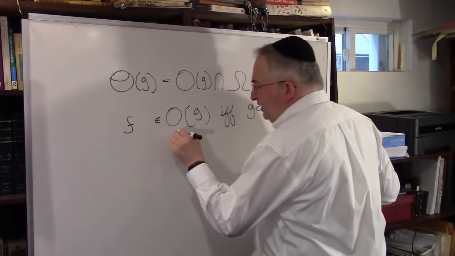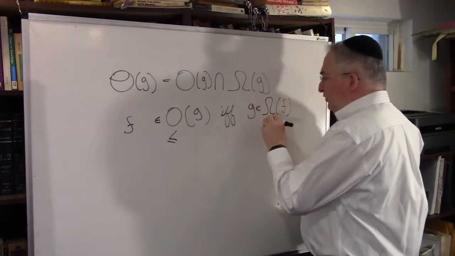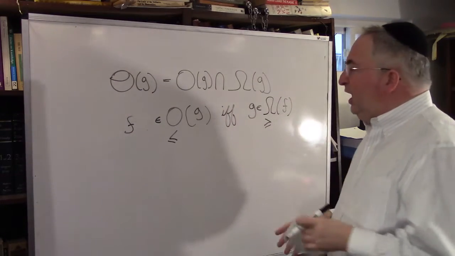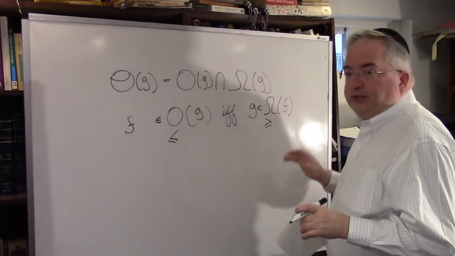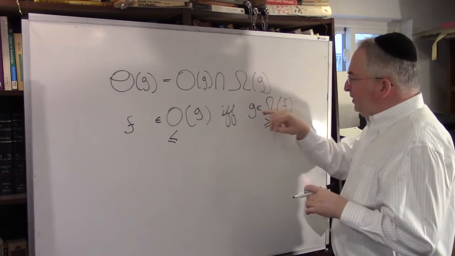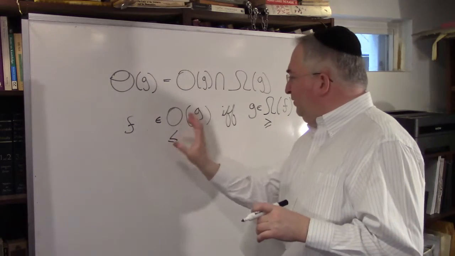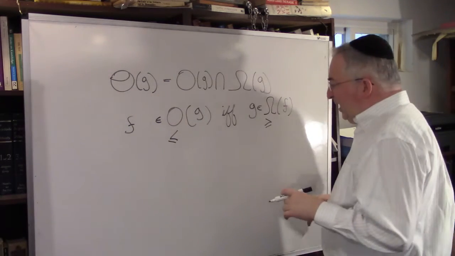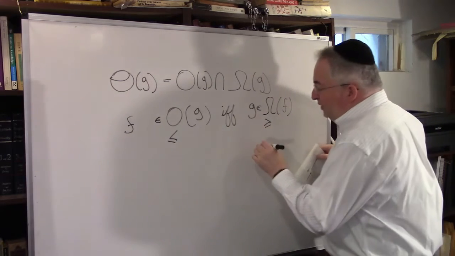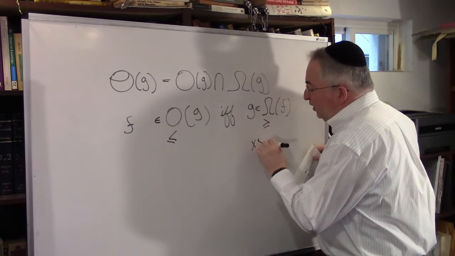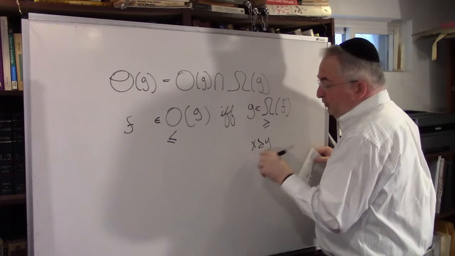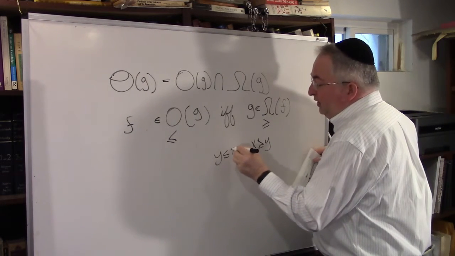Now, just remember this stands for less than or equal to, this stands for greater than or equal to. Because of this, if I want, I can write a book and never use this. Because every time I wanted to express something like this, I would just flip it around and do this. Just like I can write an entire math book and never use this symbol. Because every time I want to write x is greater than or equal to y, and I don't have that symbol, all I have to do is write y is less than or equal to x.